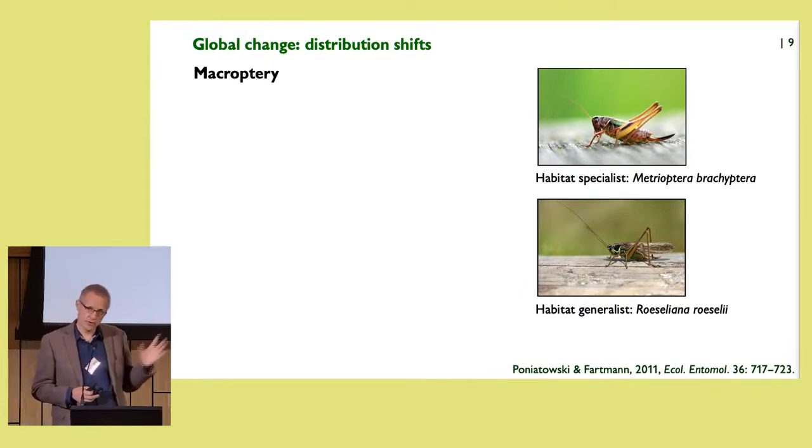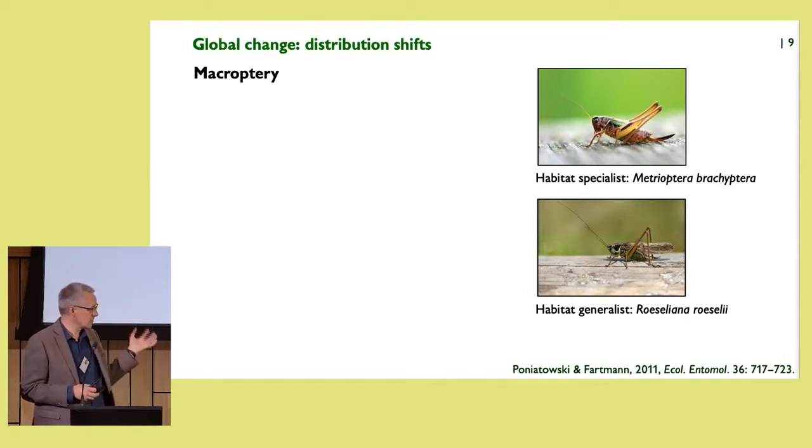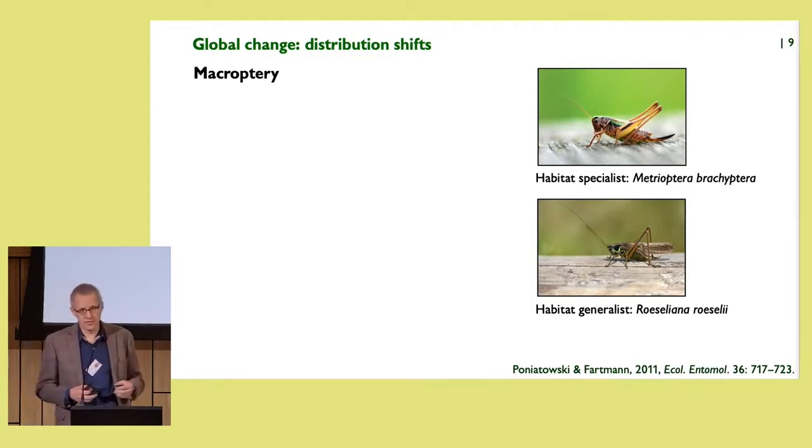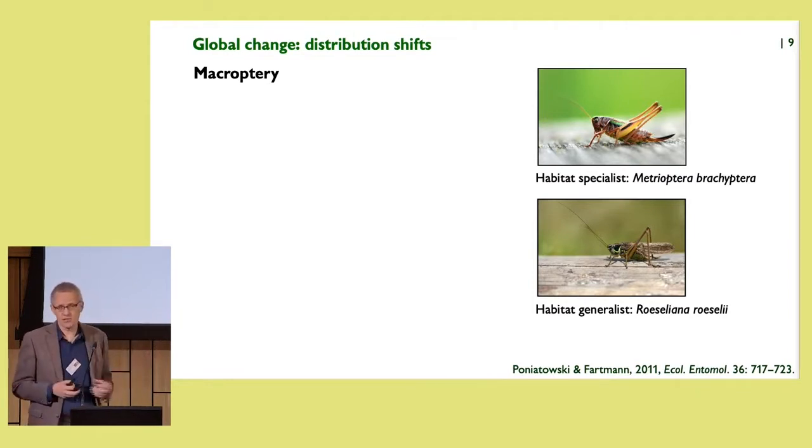The species occurred in the study area in calcareous grasslands and also in mire ecosystems. The habitat generalist, Roeseliana roeselii, is quite widespread and occurs in a lot of different types of verges or grasslands. Usually both species are short-winged.